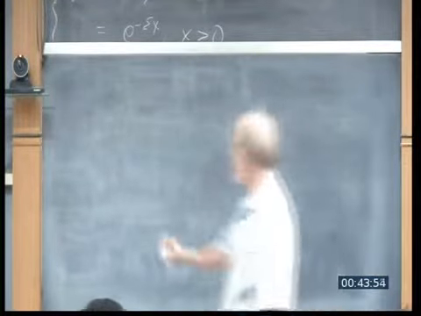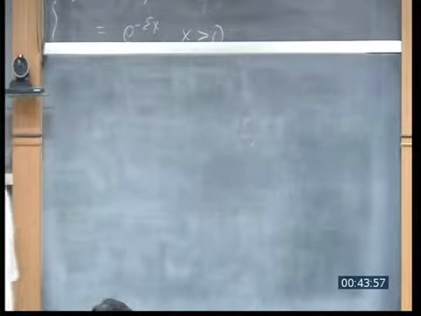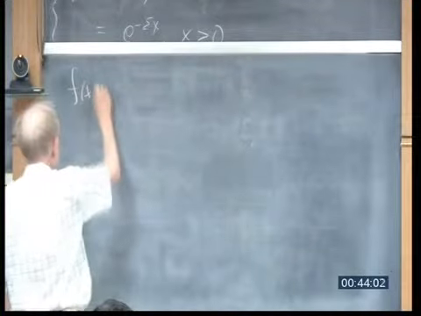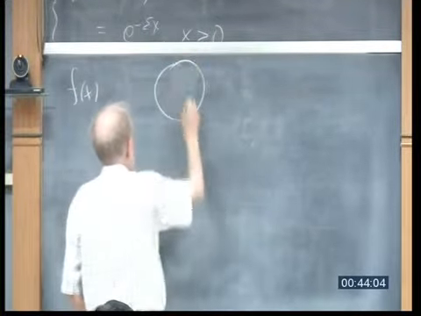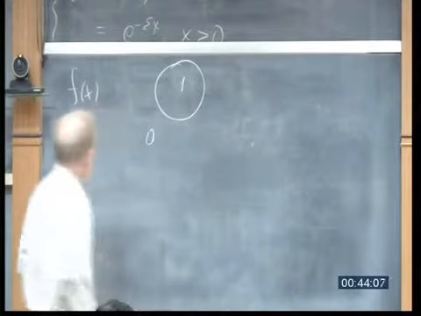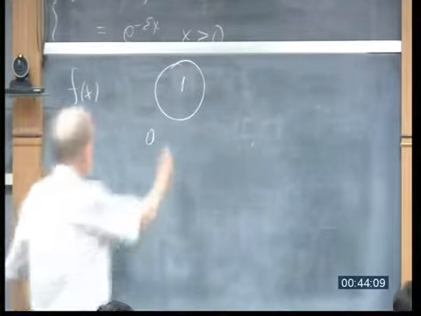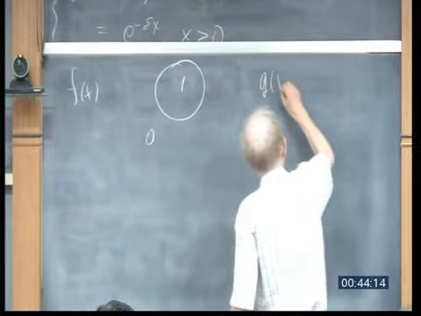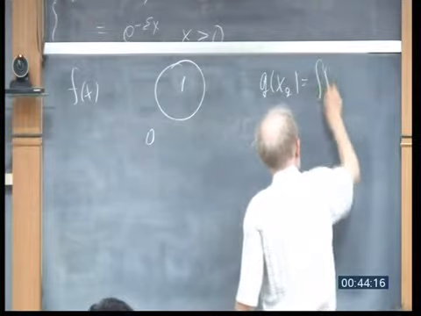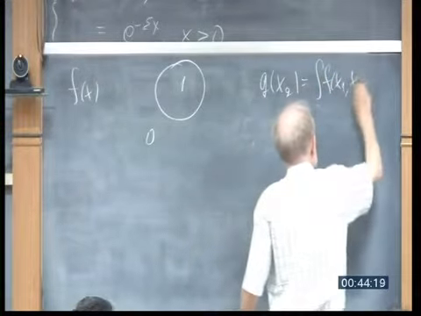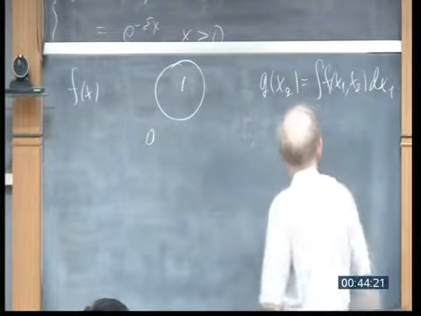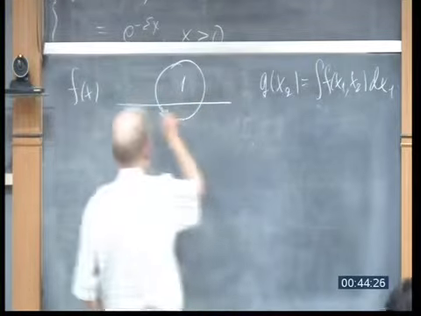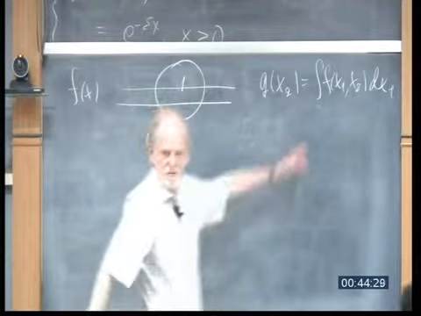Let's say f is the characteristic function of a disk in the plane. I just draw it like that, one here. And let's say we integrate along parallel lines parallel to the x-axis and get a function of just the second variable.